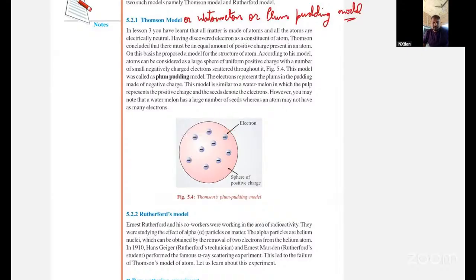This is what he says: the red part is the proton part, and the electrons are the seeds embedded in it. Let me complete it, then I will ask. So the red part is the proton part, and the black seeds are called the electrons, which are embedded in the proton, the red flesh part. Are you getting this? Say yes or no.